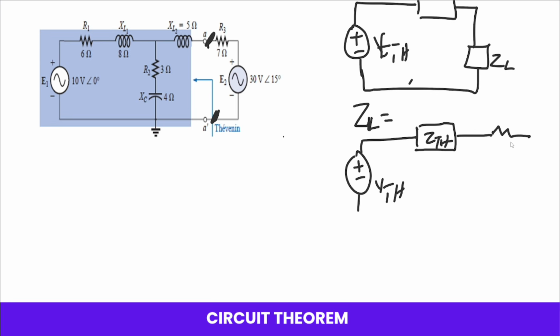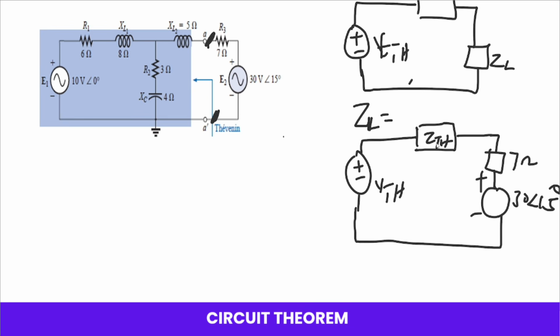So here we have the 7 ohms, and then finally the last one, which is the main source, plus minus 30 angle 15 degrees. So what are we looking for? ZTH and VTH. That's our main focus.